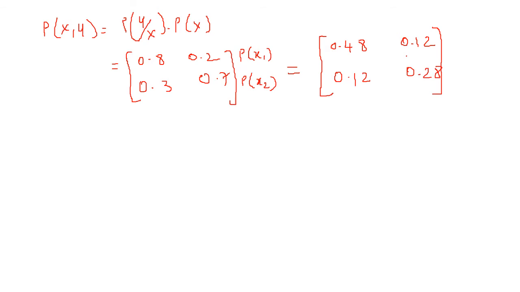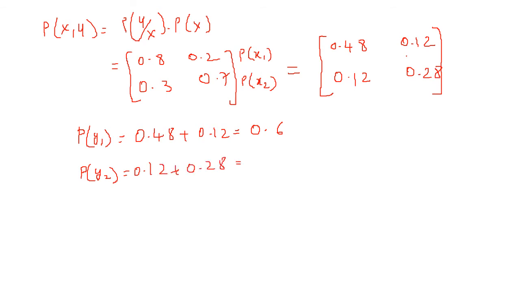Now by the property of the joint probability matrix, addition of columns is going to give you the output symbol probability. So P(y1) will be equal to the first column, 0.48 plus 0.12, which is equal to 0.6. Similarly, P(y2) will be equal to 0.12 plus 0.28, that is the second column of the joint probability matrix, which will be 0.4.